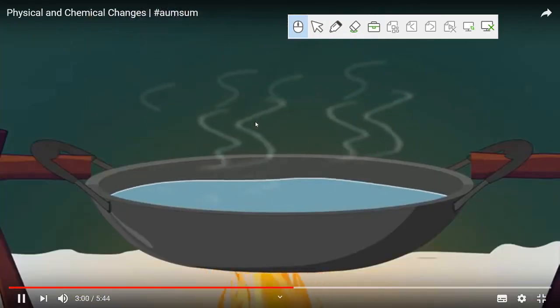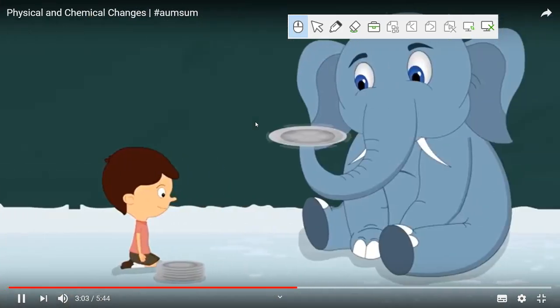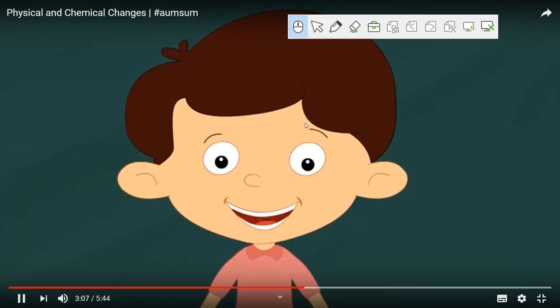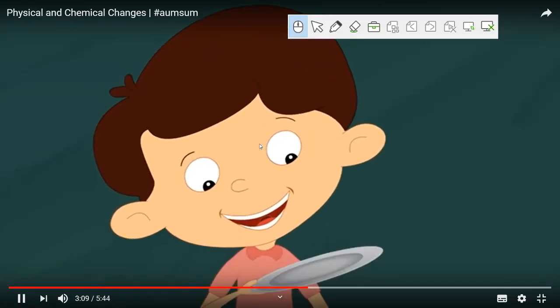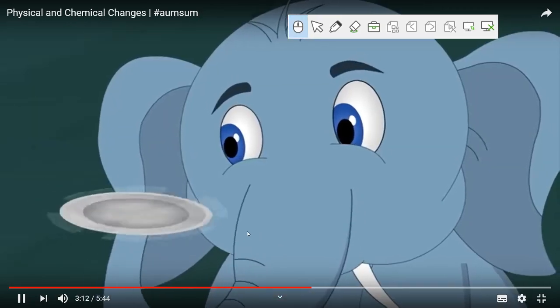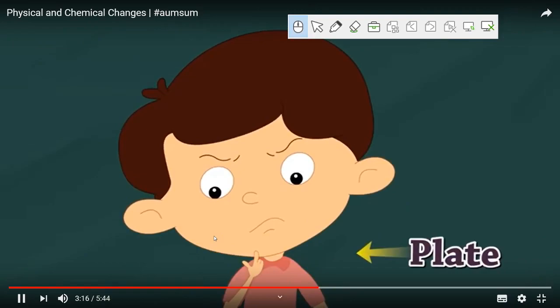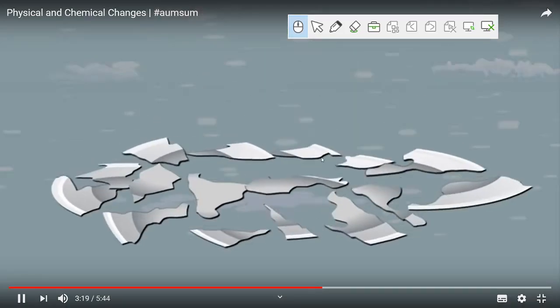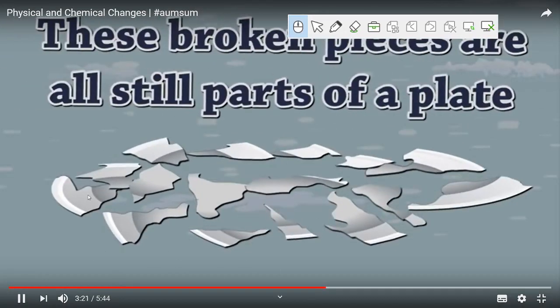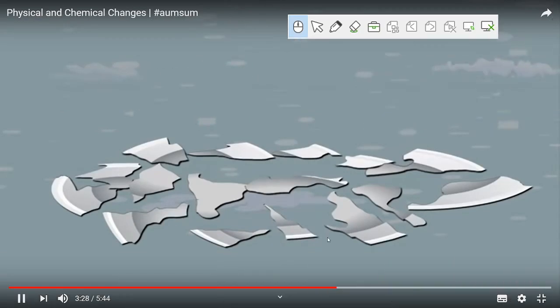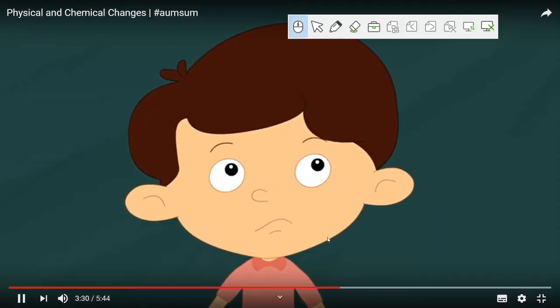So this is physical change. All of this is water. So we have, this is physical change too.